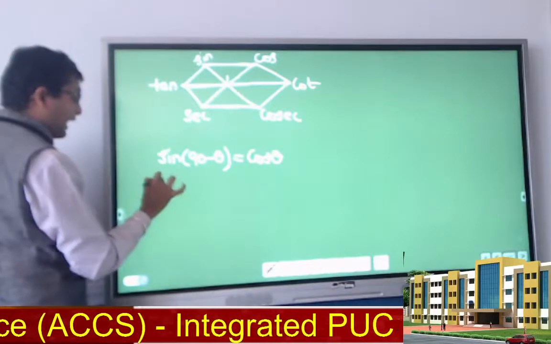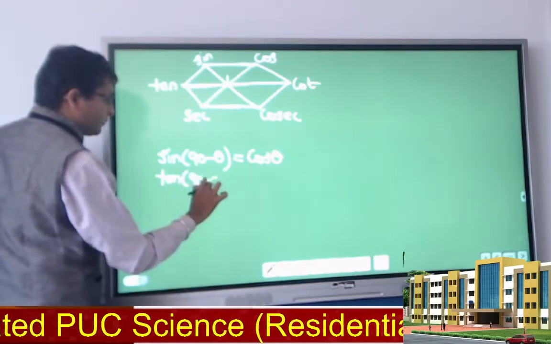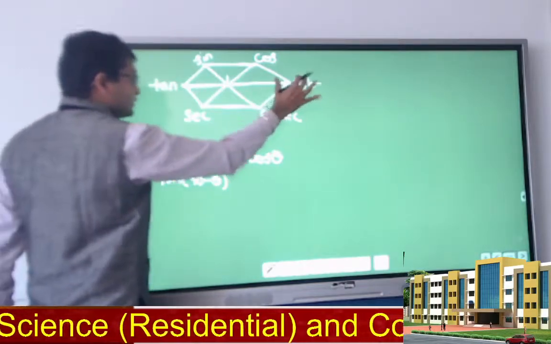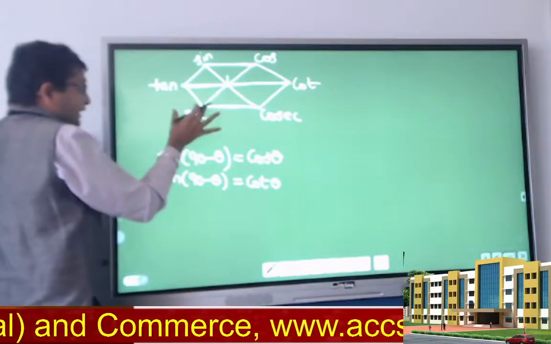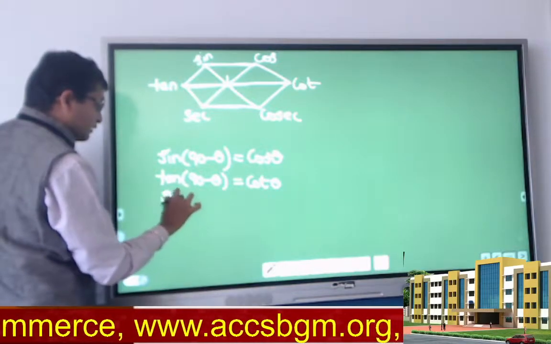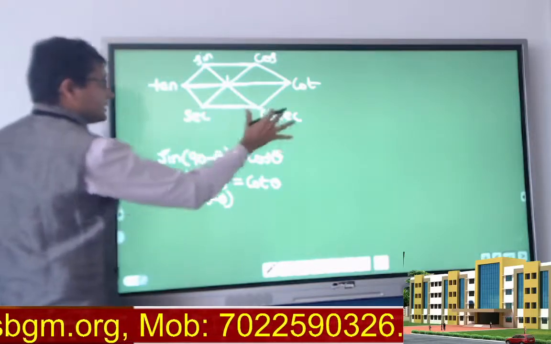Next, tan of 90 degree minus theta is cot theta. Next, sec of 90 degree minus theta is cosec theta.